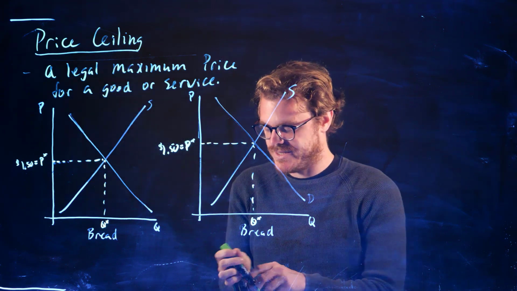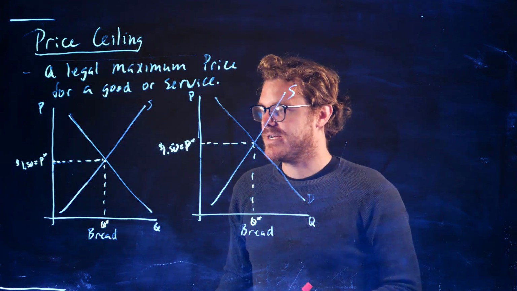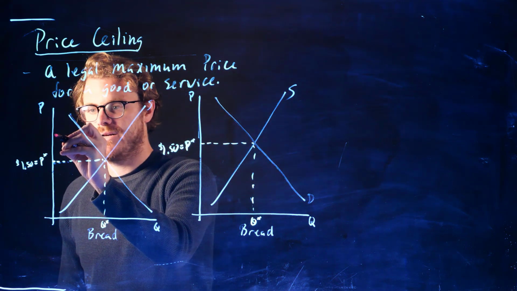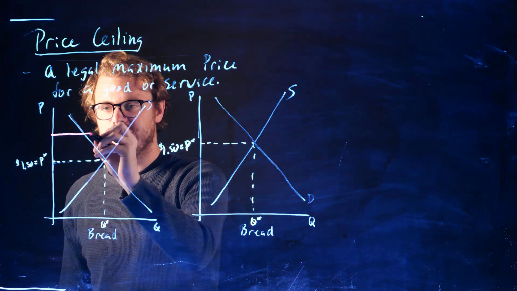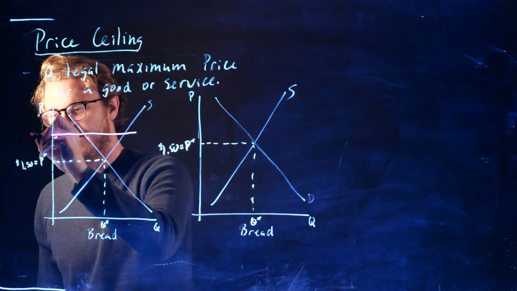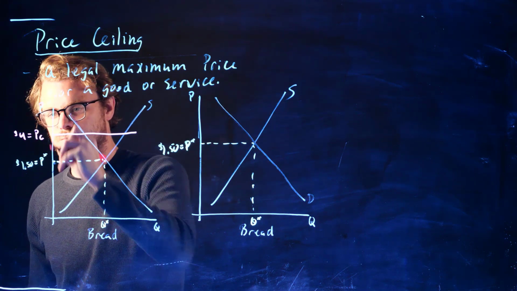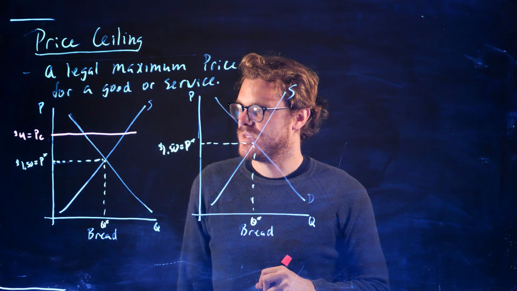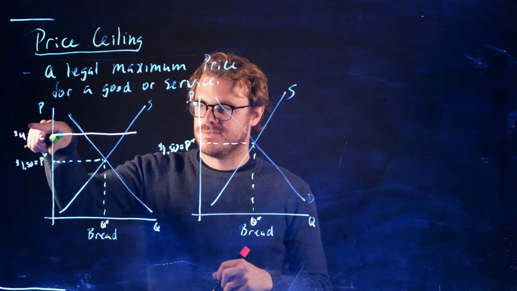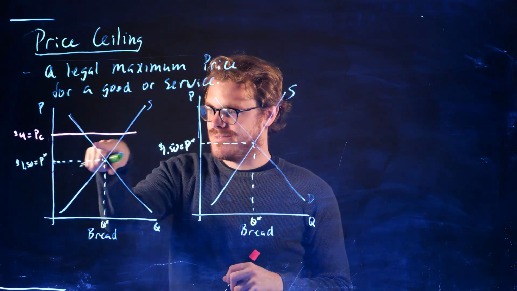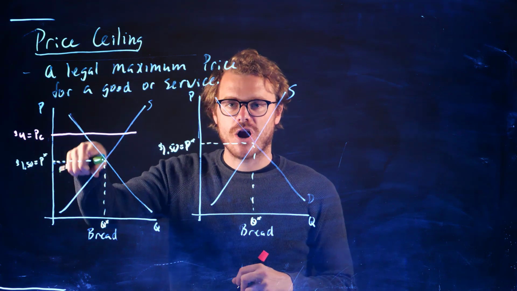So let's imagine the government comes along and says, well, the legal maximum you can charge for bread is $4. So PC for price ceiling. Well, this is higher than what's currently being charged on the market.